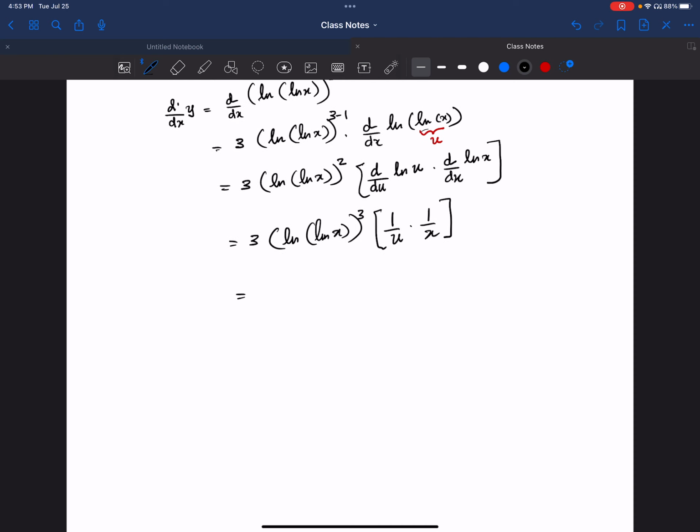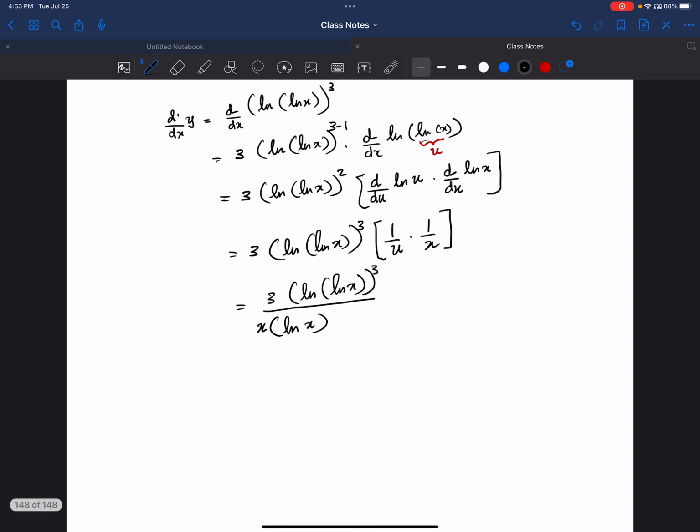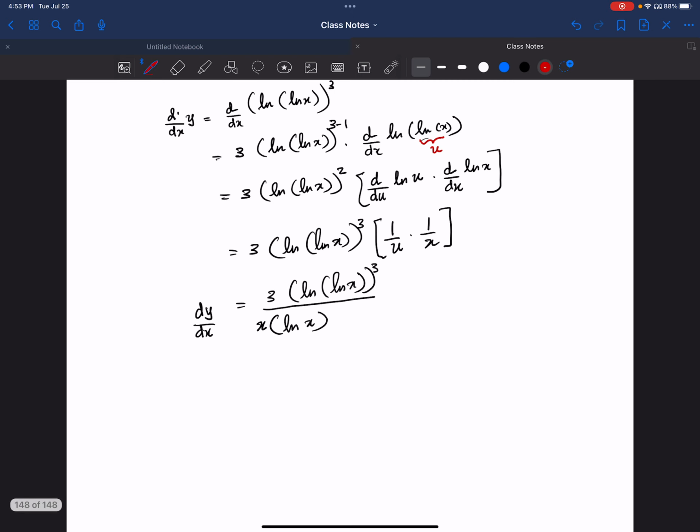So we have 3 times natural log of x squared divided by natural log of x times x. So that's our final answer.